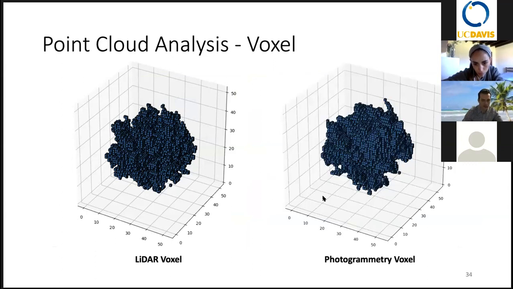It's called voxel. And this is the same tree created by LiDAR and photogrammetry, and we can see they are very similar. We have done some statistical analysis, and photogrammetry and LiDAR have more than 90% correlation.